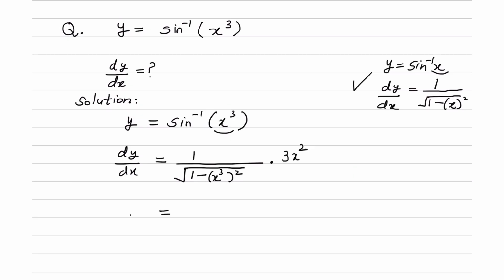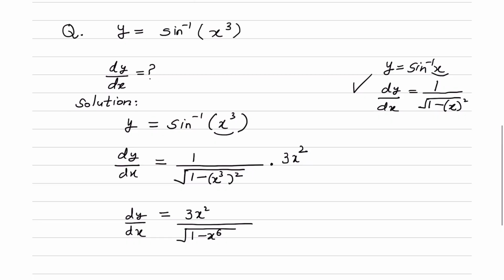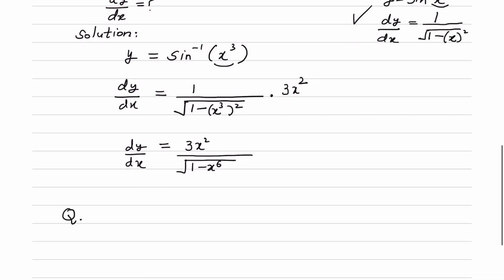We will simplify it. So we have dy by dx is equal to 3x square over square root of 1 minus x to the power 6, and we are done with this question. Let's do another question. We have y is equal to secant inverse e to the power x.